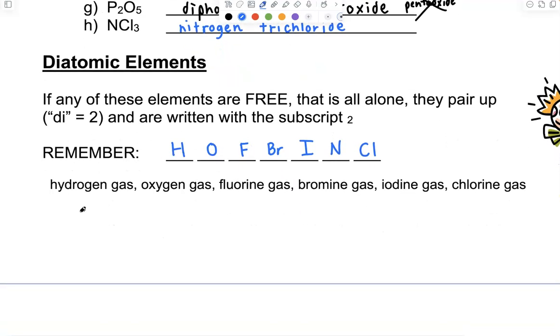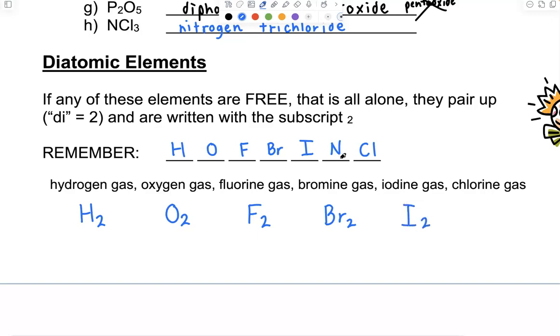So for example, this H represents hydrogen gas. So hydrogen gas will have the formula of H2. O is the oxygen gas, which is O2. This fluorine gas is F2. Bromine is Br2. The iodine is the I2.